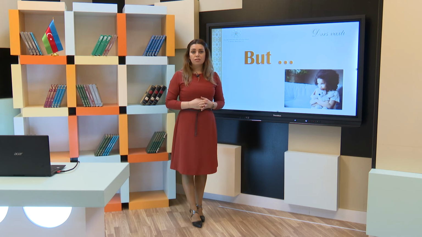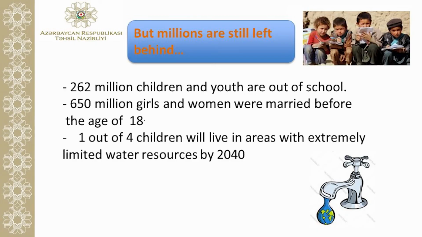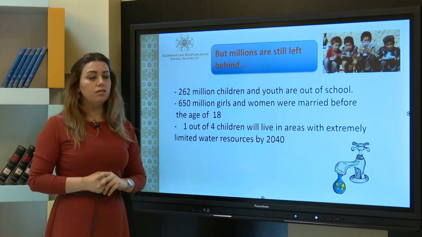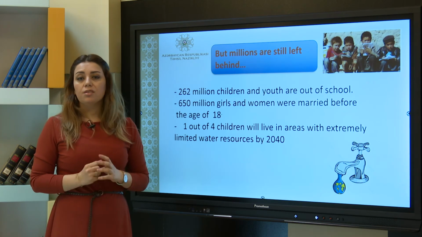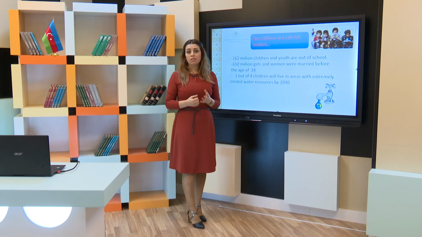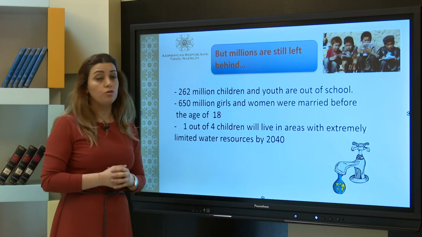But unfortunately, the problems have not been solved completely. There are still some issues that need to be solved. Millions are still left behind. Not all the children benefited from this convention. For example, 262 million children and youth are out of school. It means that lots of children cannot go to school today. Another problem, 650 million girls and women were married before the age of 18.